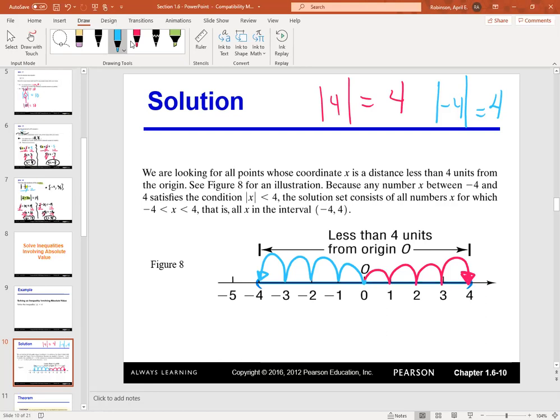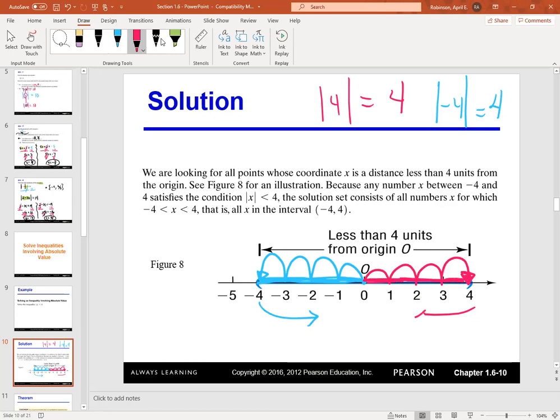Now, if you want any value of x that is less than 4, it's going to be any of these numbers in here, and also any of these numbers in here. It's an in-betweenie. When they say less than, it's actually an in-betweenie, because it's going to be anything less than 4 or anything less than -4.